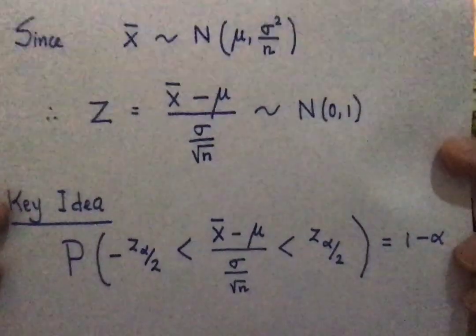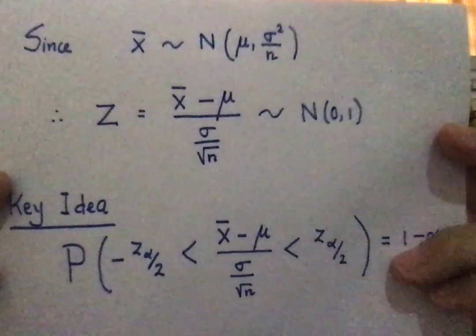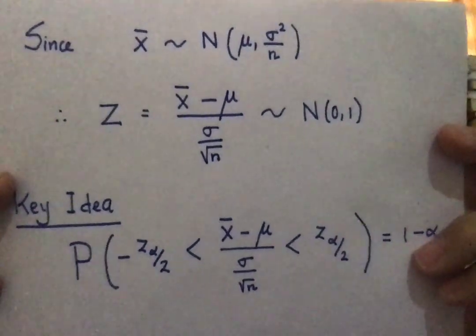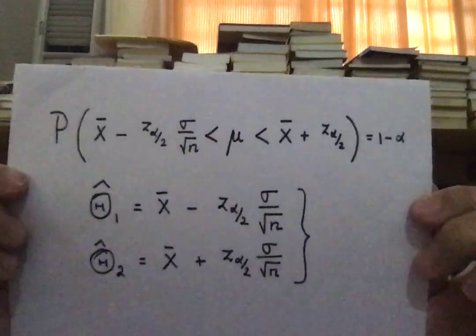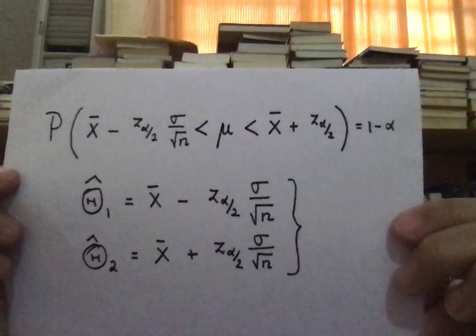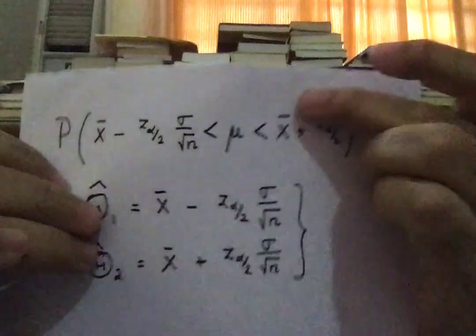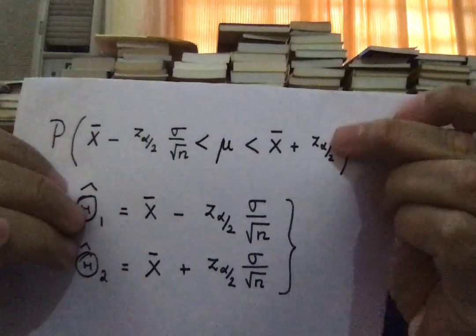And once I put this value, what is happening? I get a 1 minus alpha level of confidence, because I can solve it for mu. So I am showing that mu is lying between x bar minus z alpha by 2 into sigma by root n and x bar plus z alpha by 2 into sigma by root n. I've forgotten to write sigma by root n here, but please don't mind, this is a mistake.